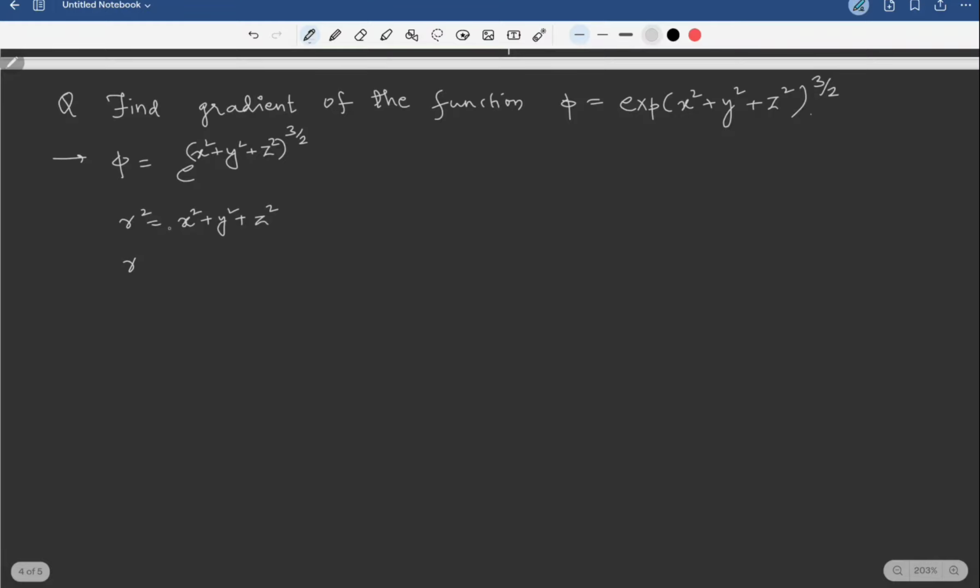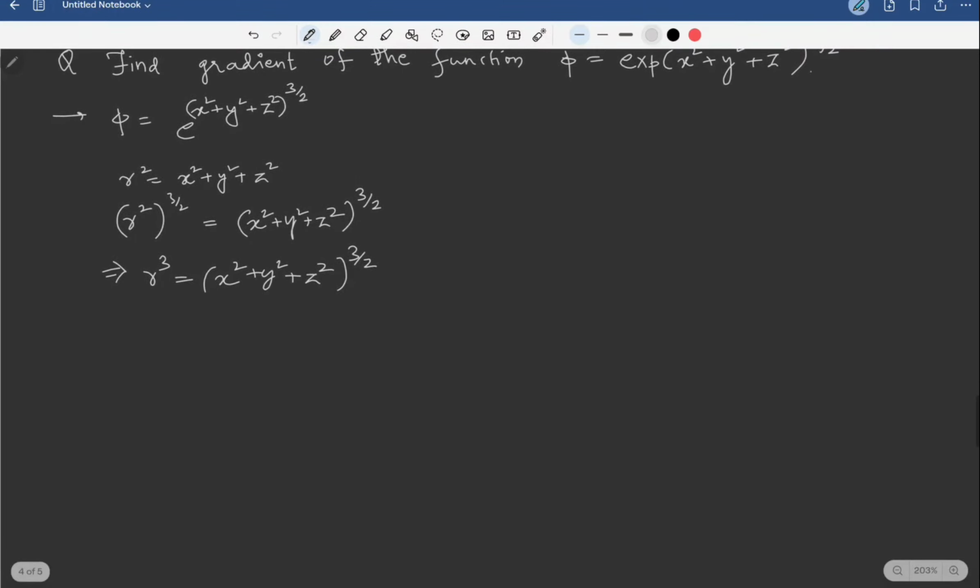Raising the power 3 by 2 on both sides, we get r raised to 3 by 2 into 2, that is r cube, is equal to (x square plus y square plus z square) whole raised to 3 by 2.